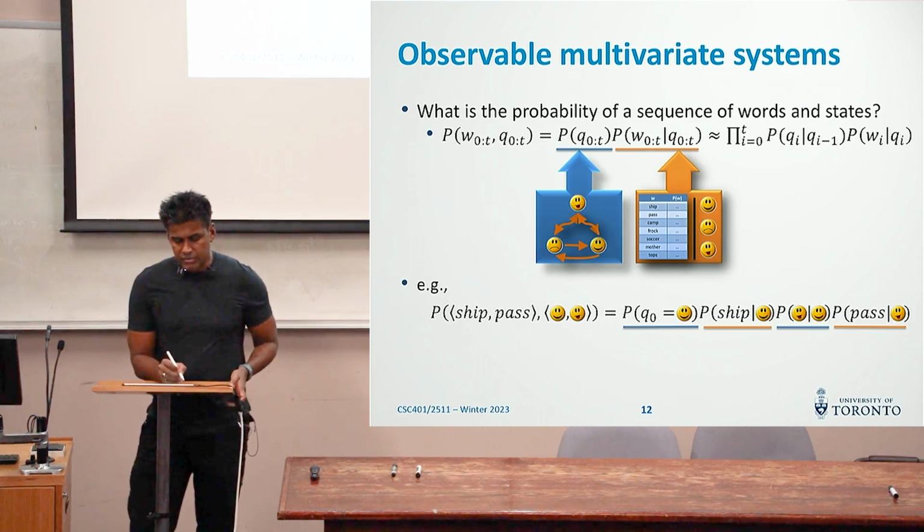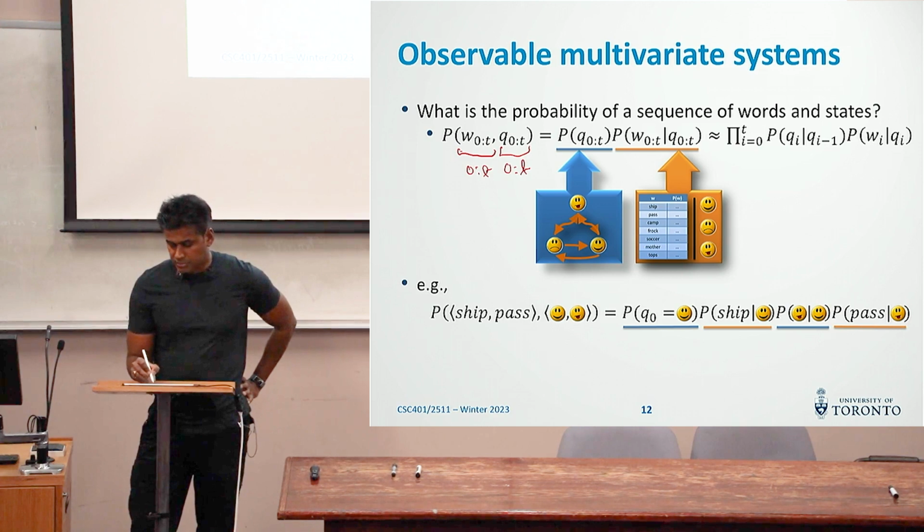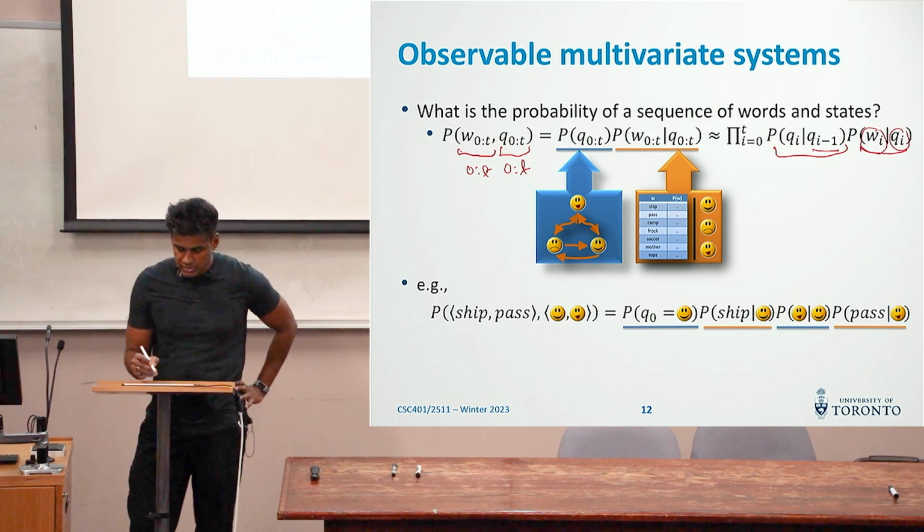Let's say you're at time step t, you have watched the observations from 0 to t, and you know the corresponding states from time step 0 to t. The probability is the state transition from q i minus 1 to q i, times the emission probability of observing word i when you're in state q i, for all the time steps.